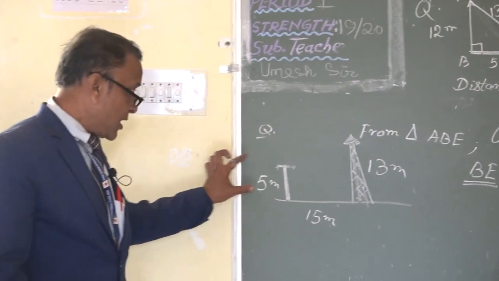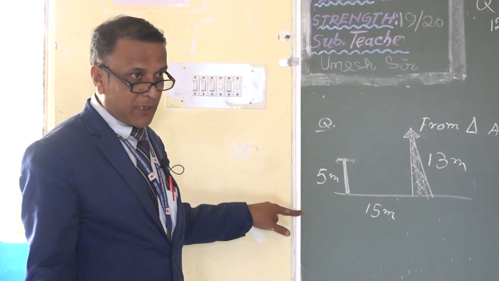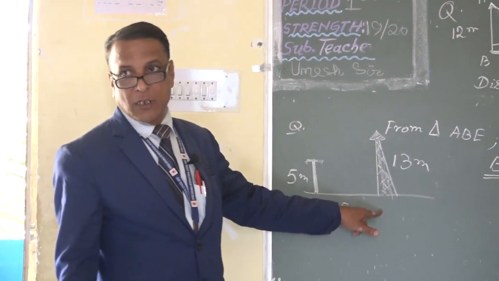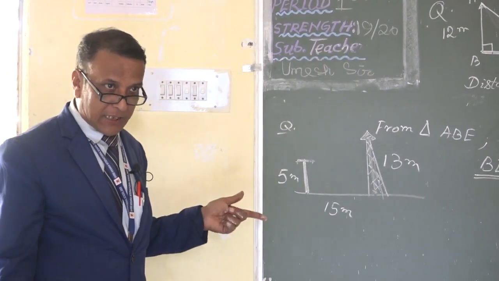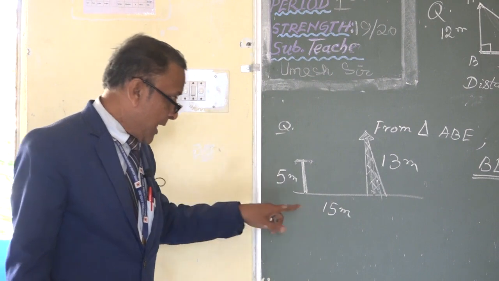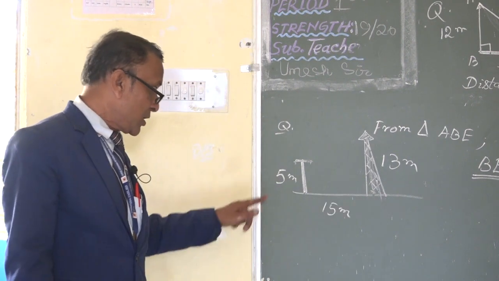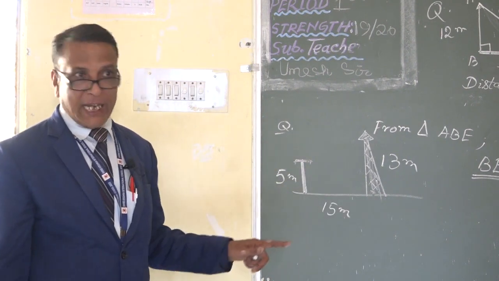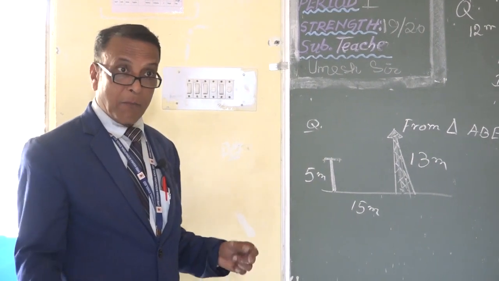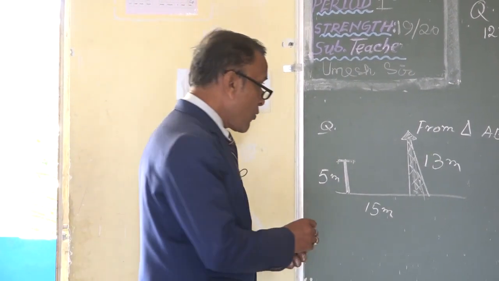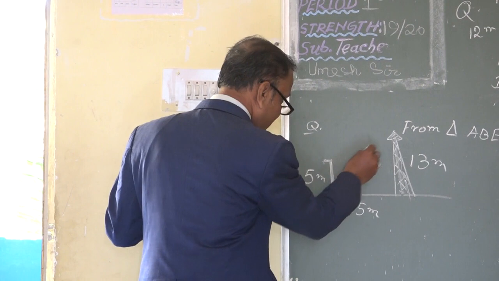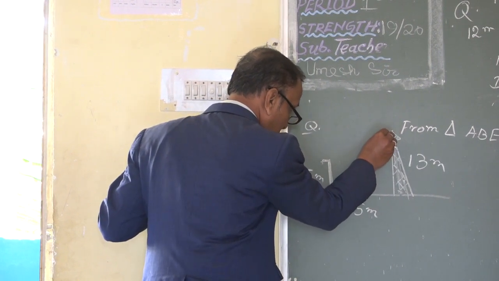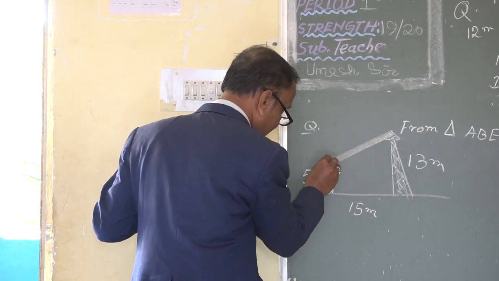The height of the electric pole is 5 meter. The height of the tower is 13 meter. And the distance between the electric pole and the tower is 15 meter. My question is, what is the distance or what is the length between their tips?